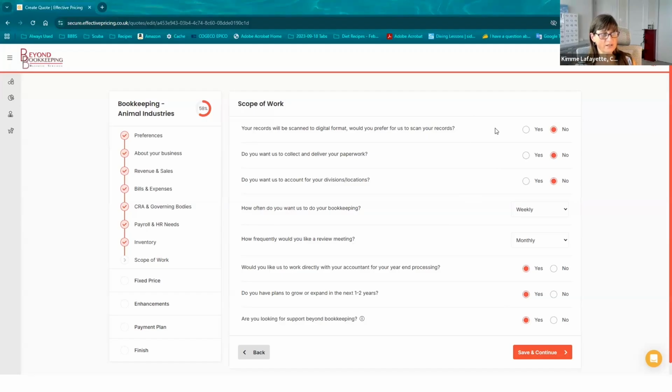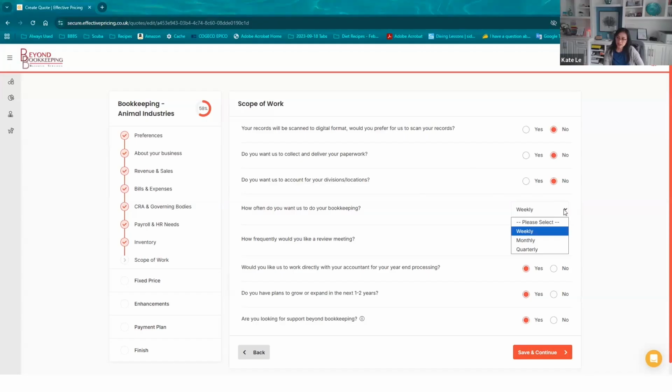If you did want us to scan your records, that question would apply if you wanted us to be responsible for collecting your paperwork, or if you were going to be responsible for sending it to us yourself. We know that right now you only have the one location, so I'm going to leave that answer as a no as well. So now we're into an option of how often you want us to do your bookkeeping.